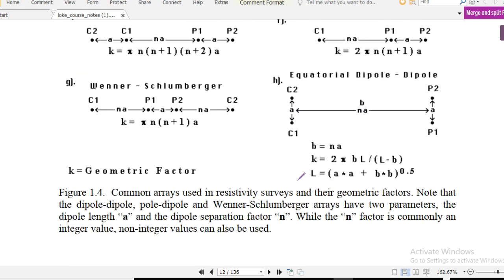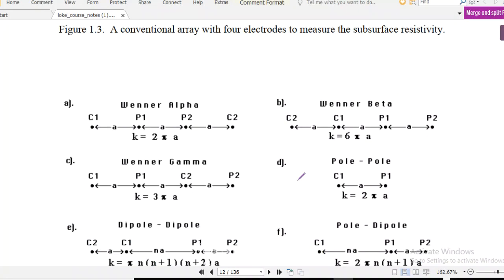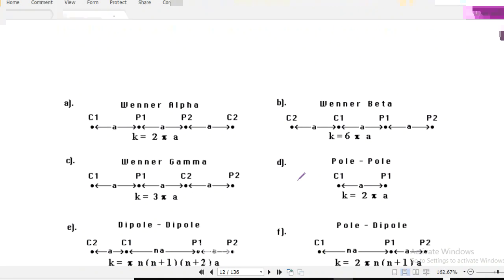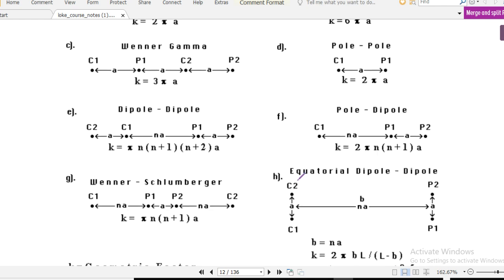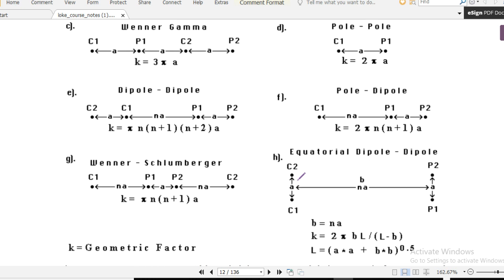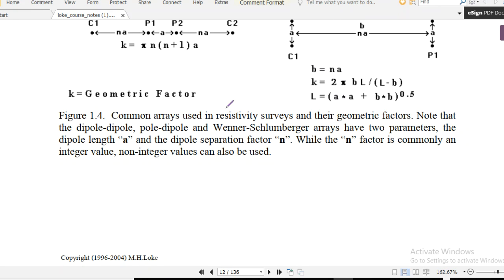Let us see some common arrays: Wenner alpha, Wenner beta, Wenner gamma, pole-pole, dipole-pole, pole-dipole, Wenner-Schlumberger, equatorial dipole-dipole, and their geometrical factor is given for each.